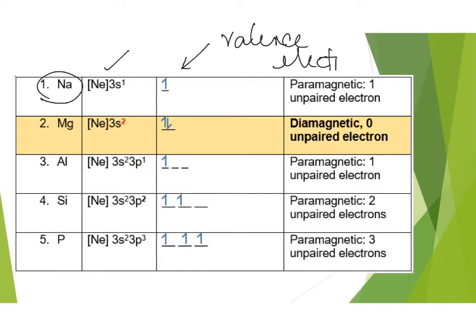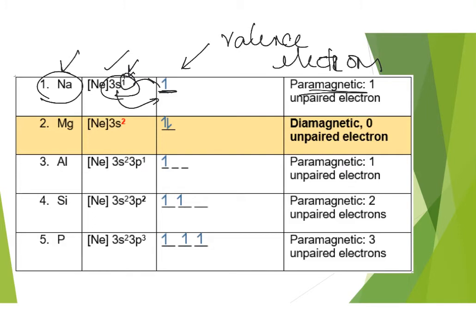Those are the ones that really have a chance of being unpaired. So we know that the s sublevel only has one orbital, and this exponent of 1 means there's only one electron in that orbital. So yes, in fact, sodium is paramagnetic.